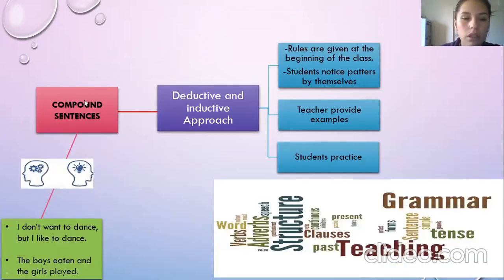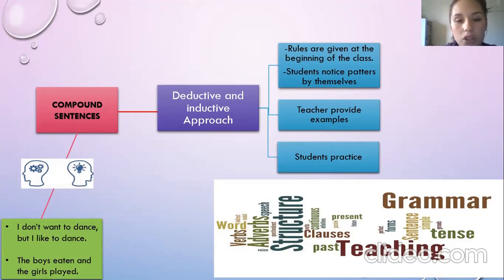Now, the last strategy that I will apply to teach teenagers the compound sentence is deductive and inductive approach. These two approaches have been applied to grammar teaching and learning.